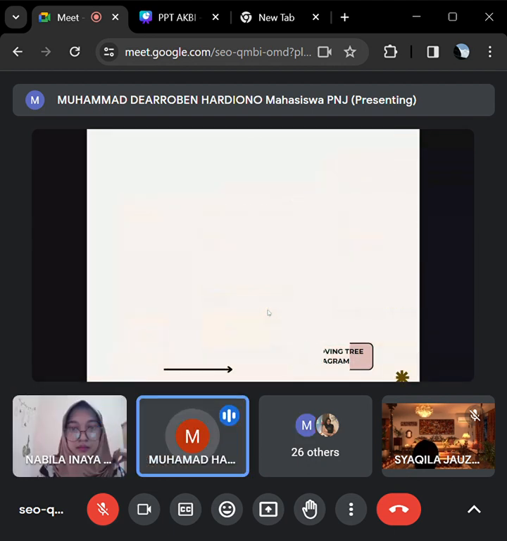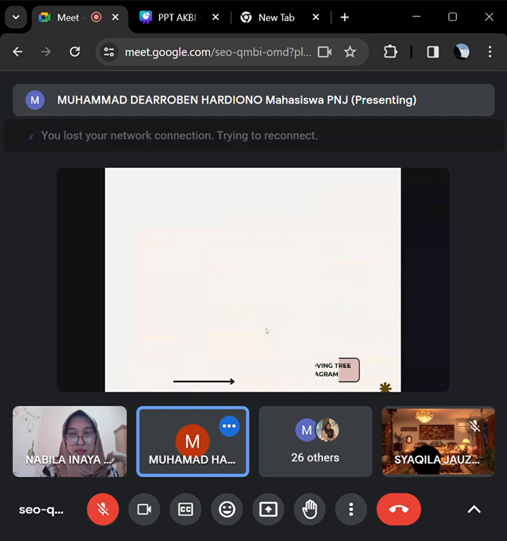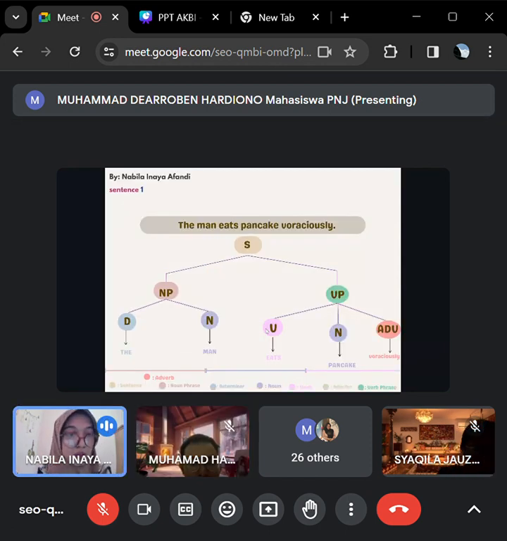Explain the tree diagram. The first one is NP or noun phrase. NP is identical with the subject and is composed of two elements, determiner plus noun. The determiner in the sentence is the, and the noun is man.